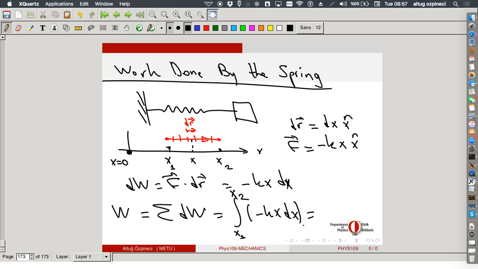And if we calculate this integral, we will get minus 1 over 2 kx squared, from x1 up to x2. So the work done will be just minus 1 over 2 kx2 squared plus 1 over 2 kx1 squared.